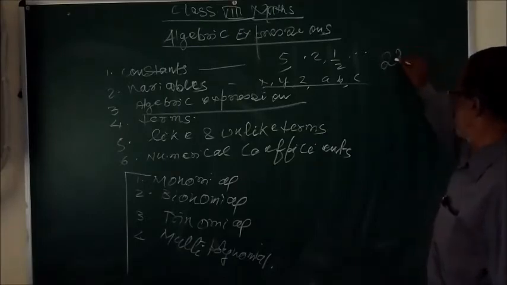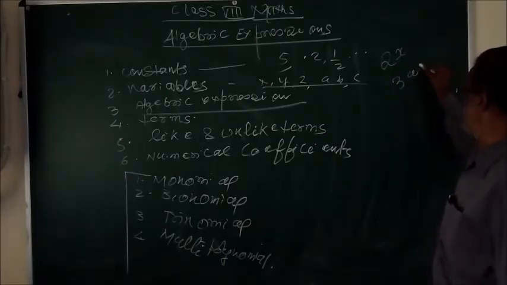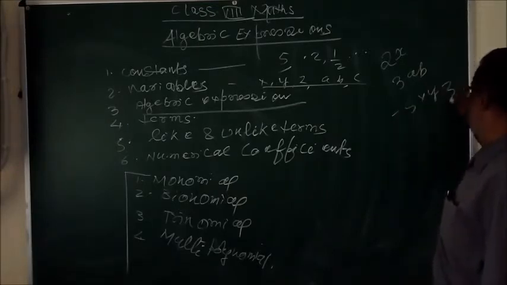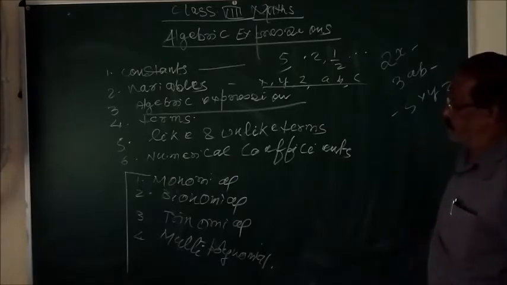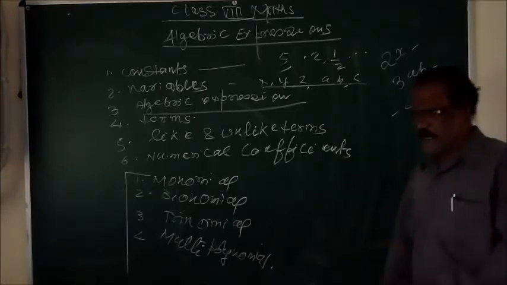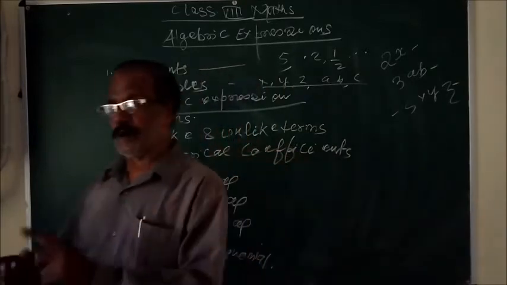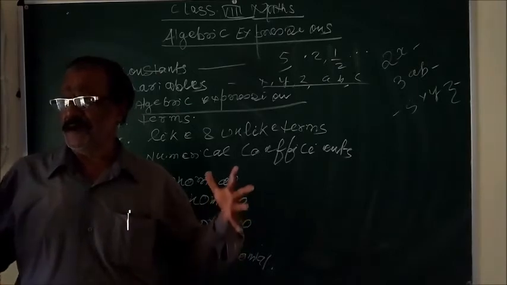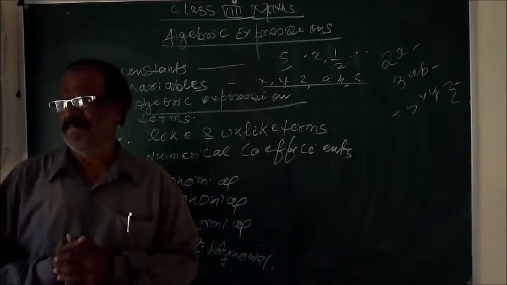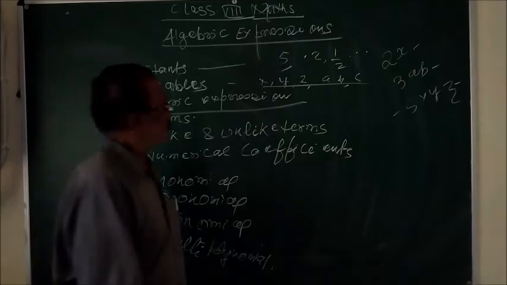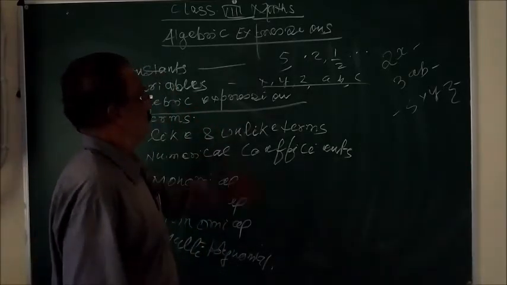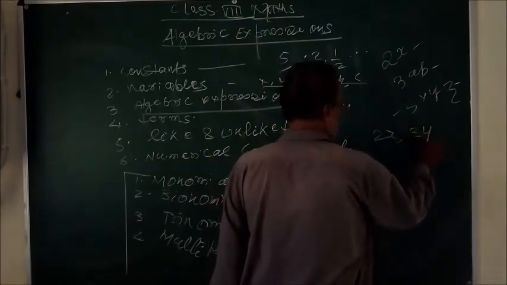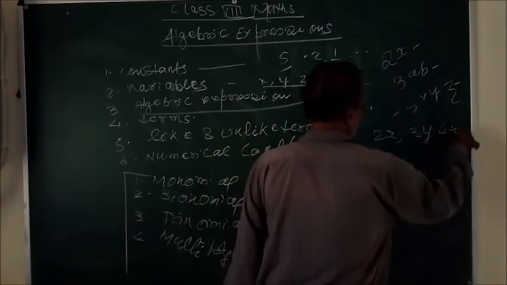Now you see algebraic expression. So you see 2x, 3ab, minus 5xyz, etc. These are called terms. So terms are the constants and variables combined together, and if they are arranged, they are called an algebraic expression. Suppose 2x, 3y, 4xy like this.